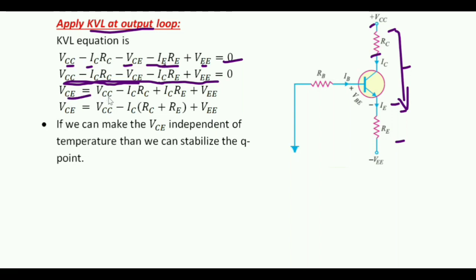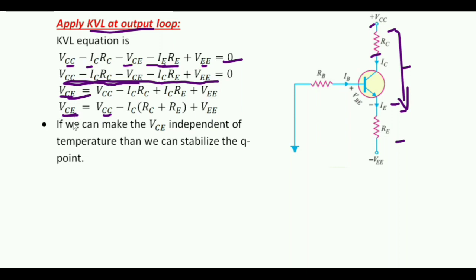So VCE is equal to VCC minus ICRC plus ICRE plus VE. That is, the collector to emitter voltage VCE is equal to VCC minus IC into RC plus RE, plus VE. This is the equation for VCE.